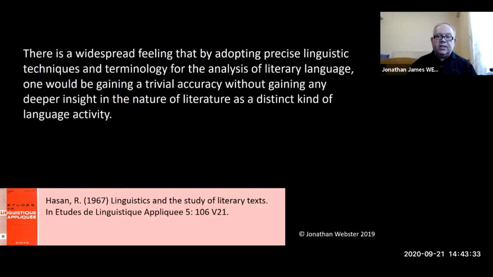What she's saying is, and this is very often the case, people in literature look down on people in linguistics because they feel that what you're doing is trivial. You're looking for all these patterns. Yes, you may collect all these calculations and tables and so forth, but it's trivial.